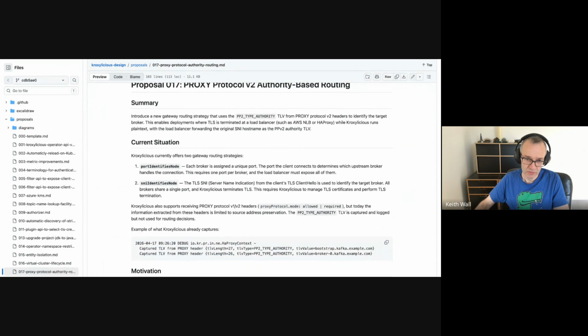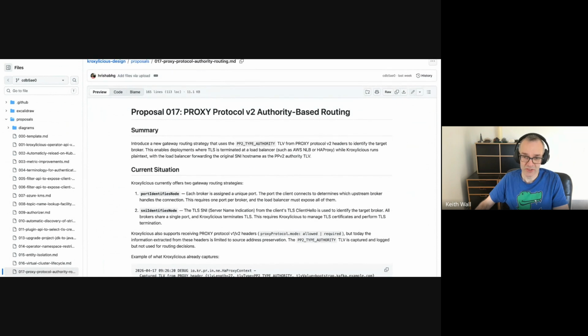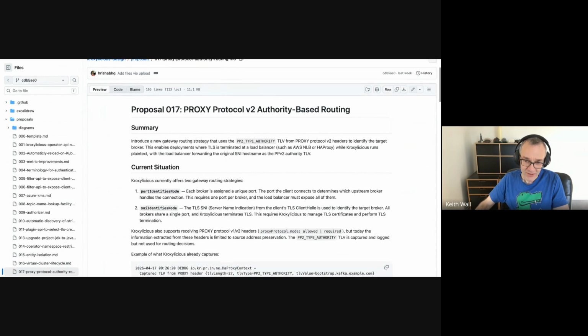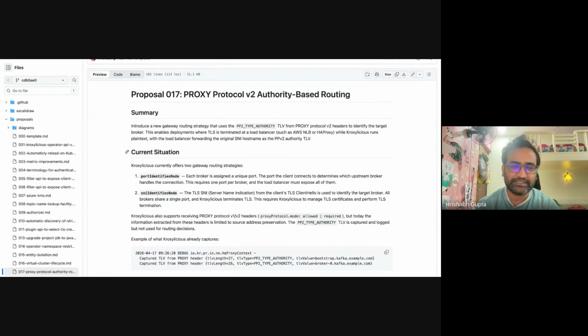Sounds useful. I hadn't seen proxy protocol V2 myself at all before this proposal came up. Other than that, in general I think AWS NLB supports it, and HA proxy supports the PPV2 headers. Envoy by default does not support it, and requires some custom filtering at the Envoy layer.